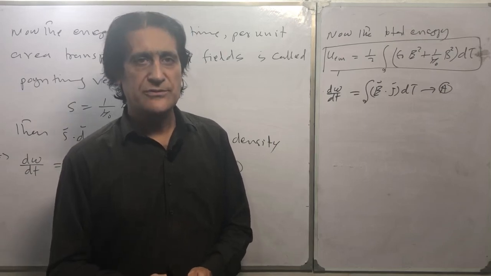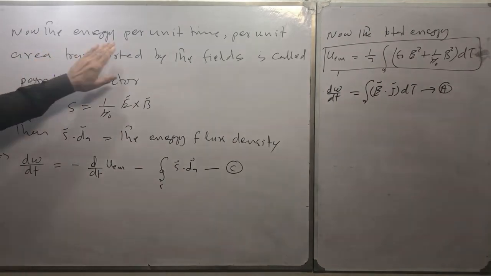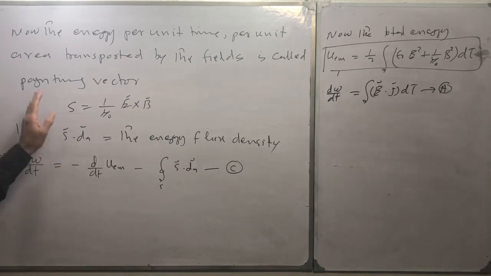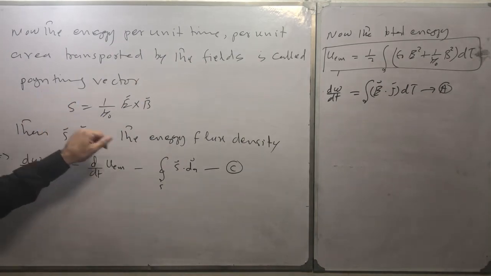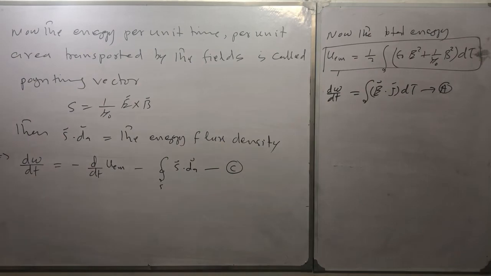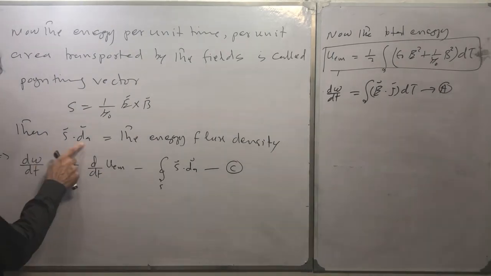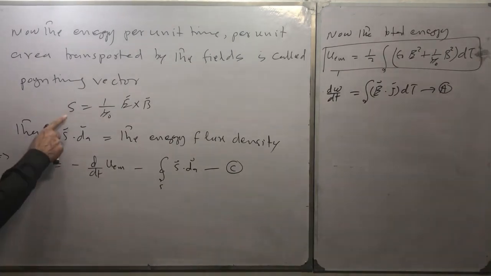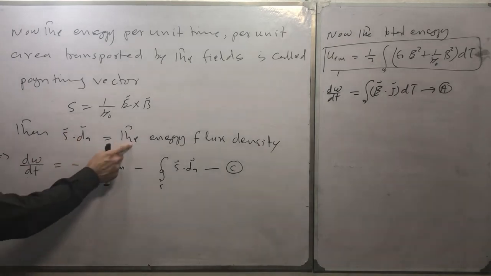It shows the energy per unit time per unit area transported by the fields, and this term is known as the Poynting vector, denoted by S. S dot dA is the energy flux, because S is the energy transported per area.